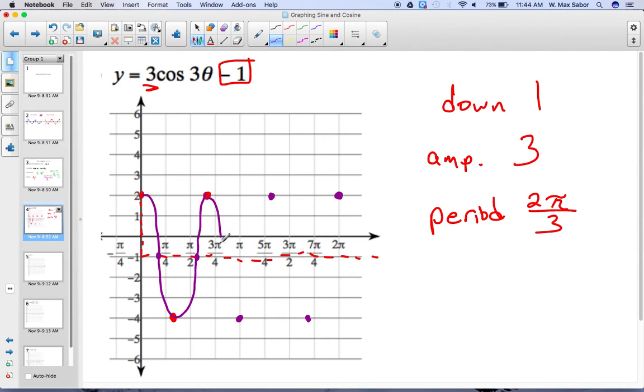And I'm just going to kind of sketch what's happening here. It's not a perfect curve, but this gives you the idea of what it is. It's been shifted down 1, stretched to an amplitude of 3. The period was compressed left-right to be a period of 2/3 pi. And there was no phase shift, so because it's cosine, it's starting at a maximum.